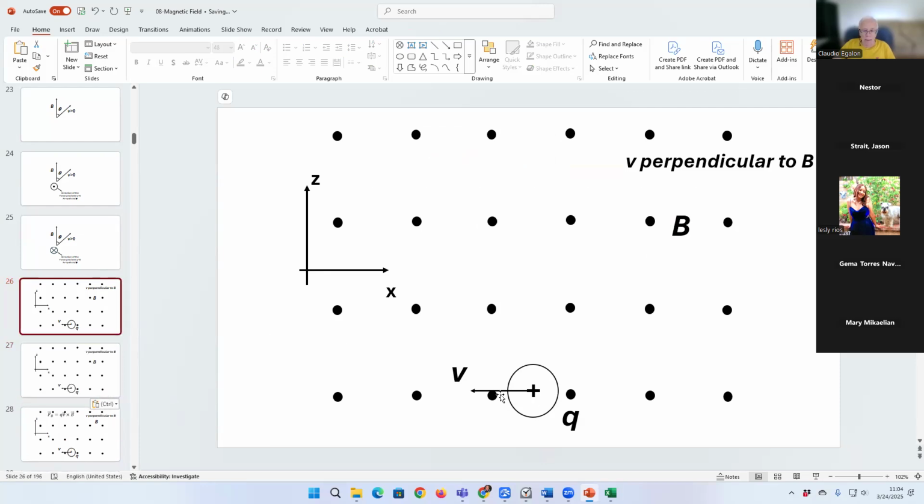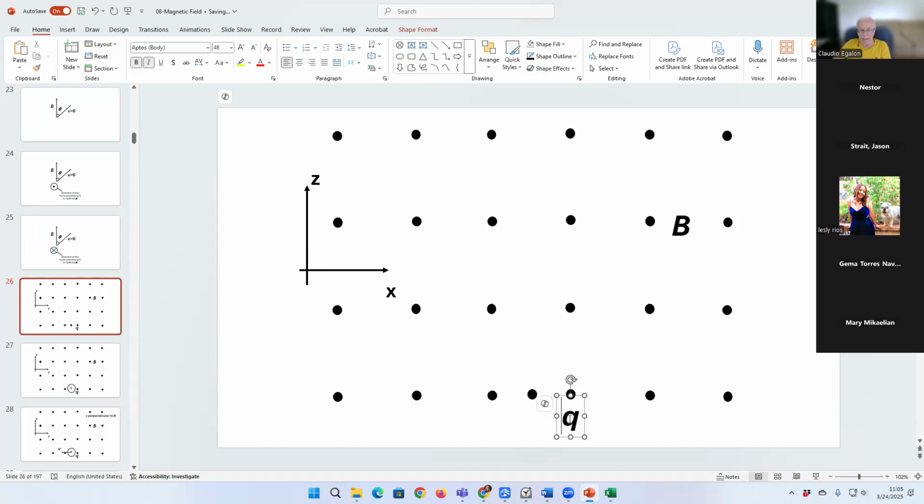I'm going to make as simple a drawing as I can. I don't need that. I'm going to remove the charge, and then we're going to play the movie. I don't need this one here.